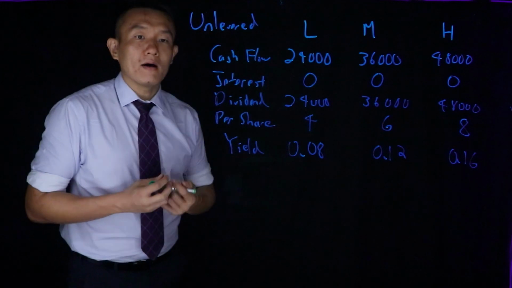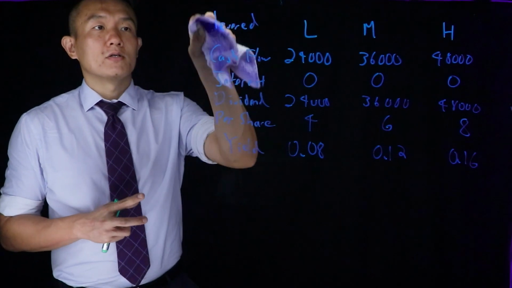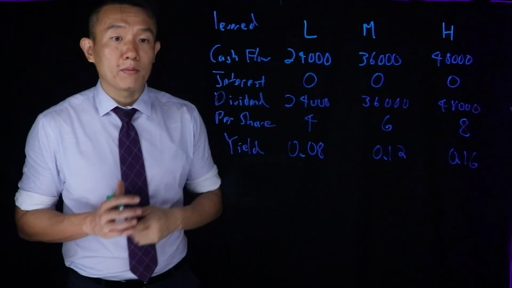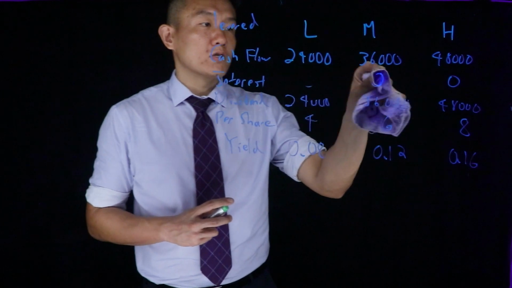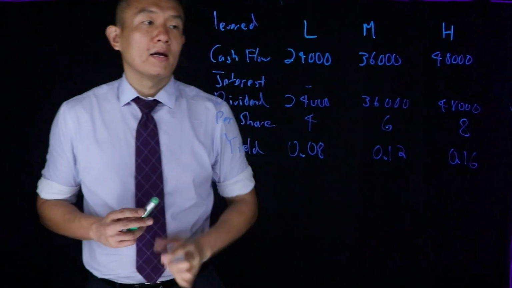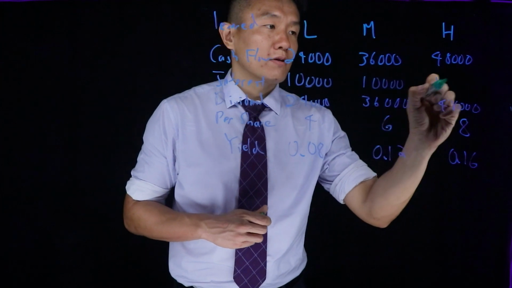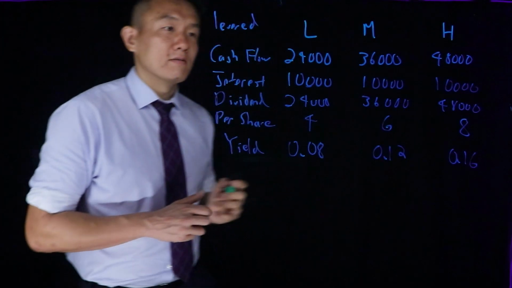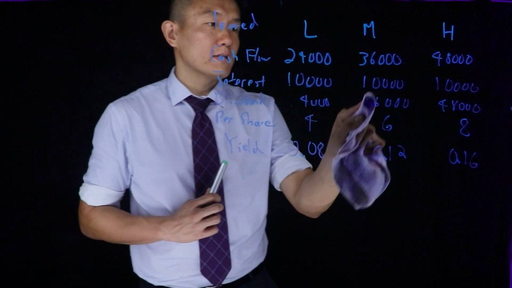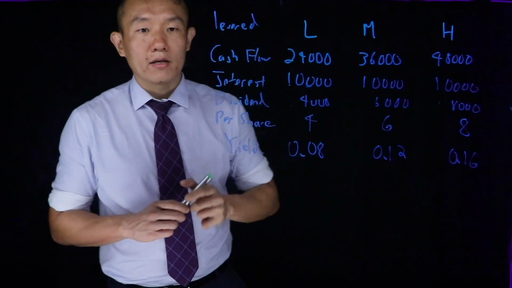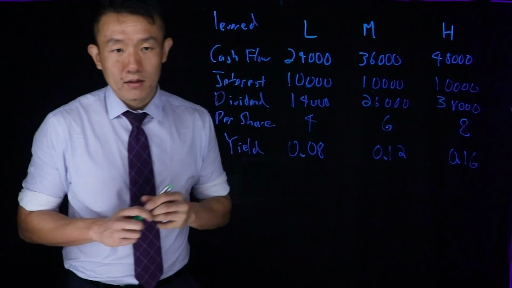Well, let's think about how this changes when we go from the unlevered firm to the levered firm. So remember, the levered firm had 100,000 in debt, which means that it has to pay 10,000 in interest first, irrespective of what its cash flows are, which means that its dividend is either going to be 14, 26, or 38.